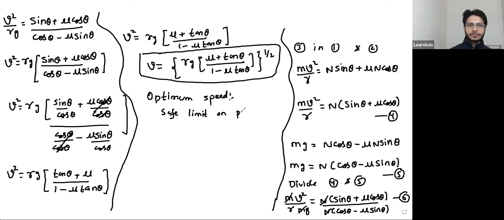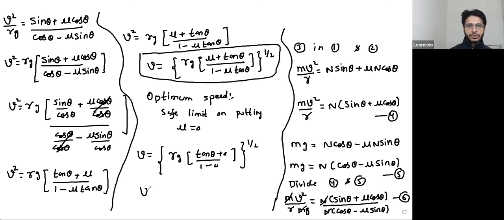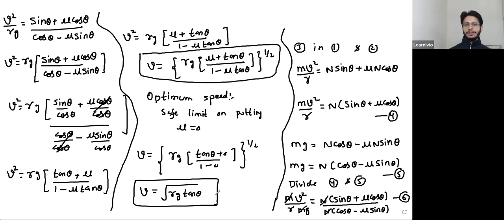on putting mu equal to 0. If I put mu equal to 0, then your v comes out to be rg times tan theta plus 0 over 1 minus 0, to the power half. So v is root over rg tan theta.